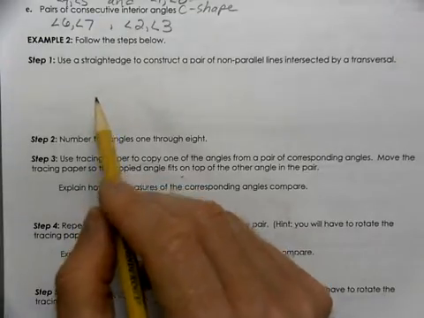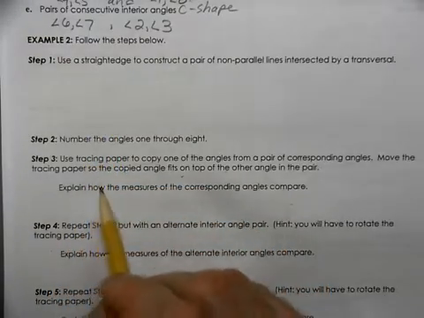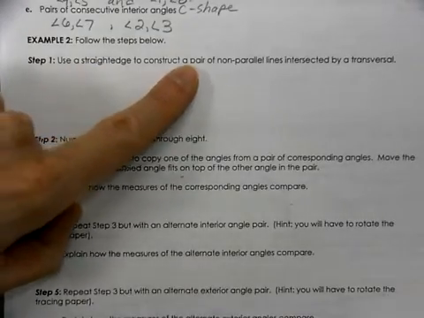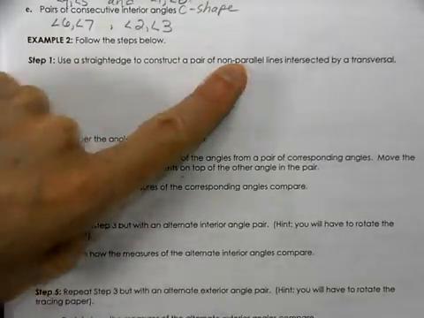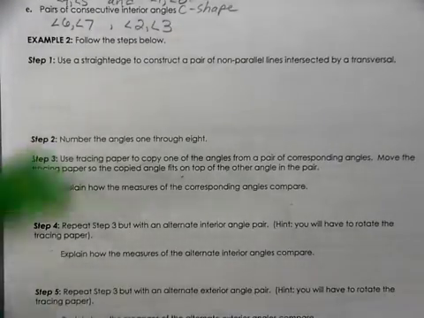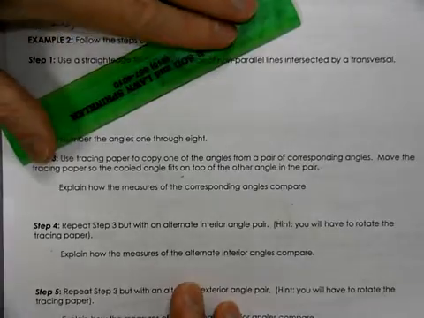Okay, so next we're going to construct a pair of non-parallel lines cut by a transversal, trying to make them relatively straight. We're going to use a straight edge.